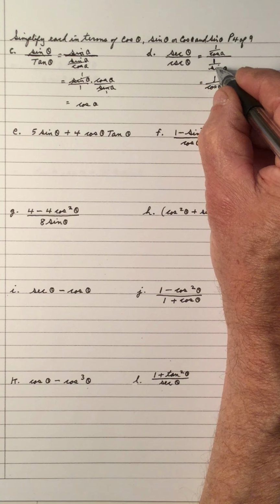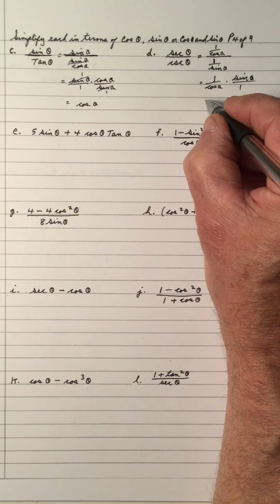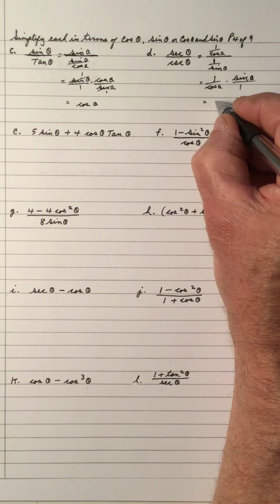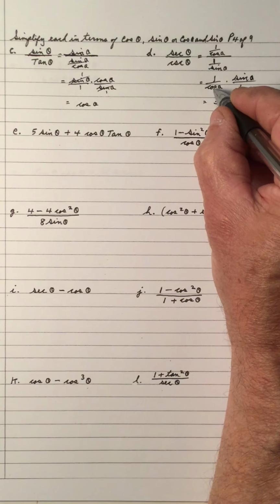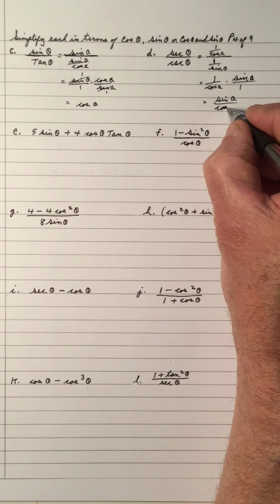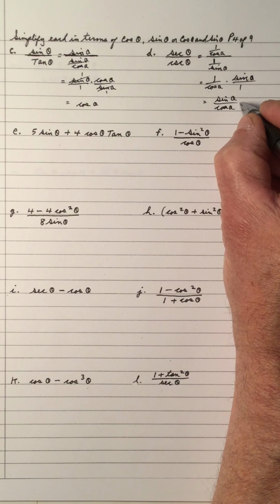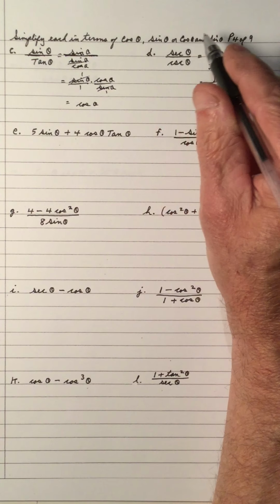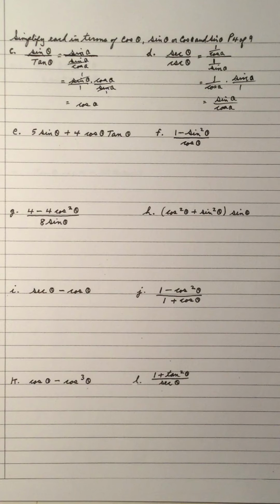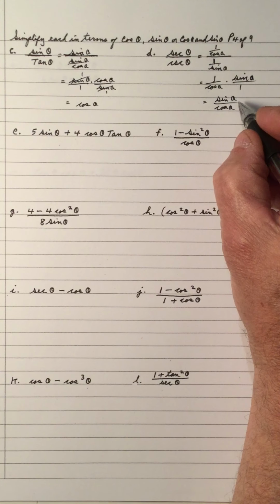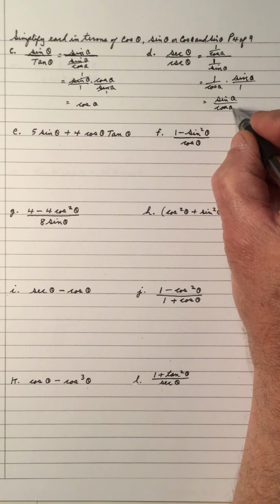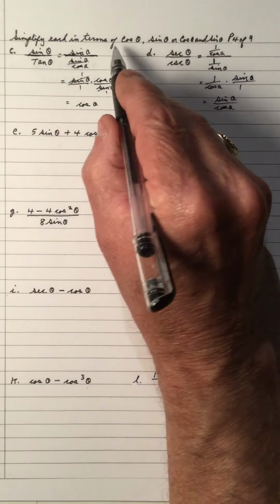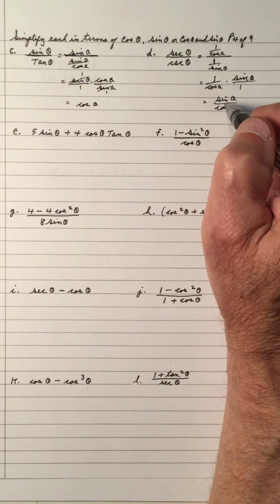The reciprocal of 1 over sine theta is sine theta over 1. No cancellation. 1 times sine is sine theta. Cos theta times 1 is cos theta. And we want it in terms of sine and or cos, so there it is. But if there was a multiple choice, this could also be another name for tan, but we want it in terms of sine and or cos. Here they are.